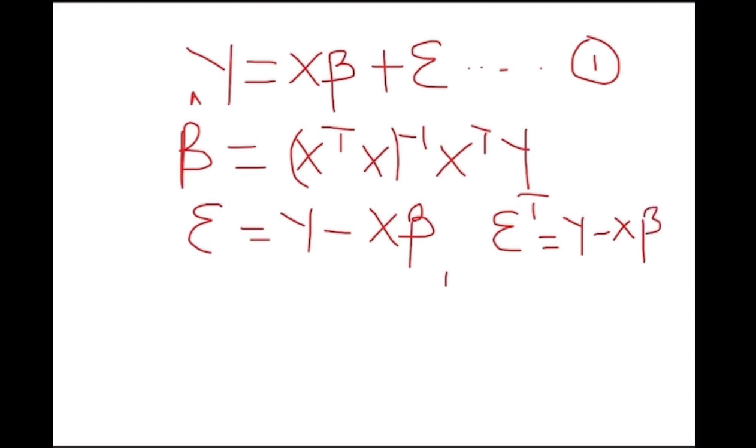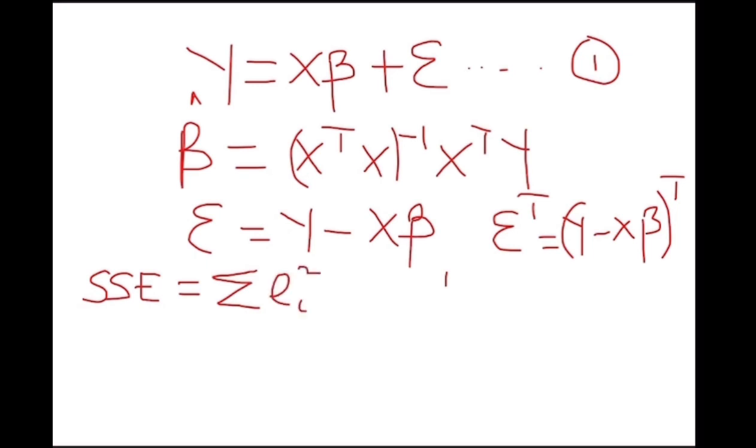Now, if I want to get what I call the sum of square error, in a scalar form it was going to be this here. But in matrix form, it's going to be E transpose E.